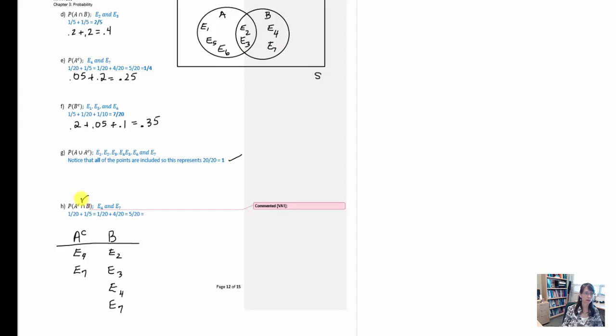So if we are looking for intersection, that means what is in common with those two events. And if you write out your list, you'll see that E4 and E7 are the ones in common. So we're adding 1/20th plus 1/5, or we could add 0.05 to 0.2 to get 0.25, and that is the same as 5/20ths.